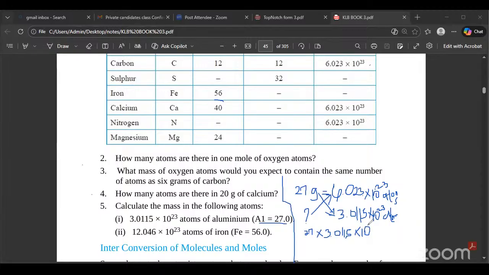Over 10 raised to 23 atoms. I'm writing atoms so that people can see what I am doing. Over everything, 6.023 by 10 raised to 23 atoms also. So the atoms go.